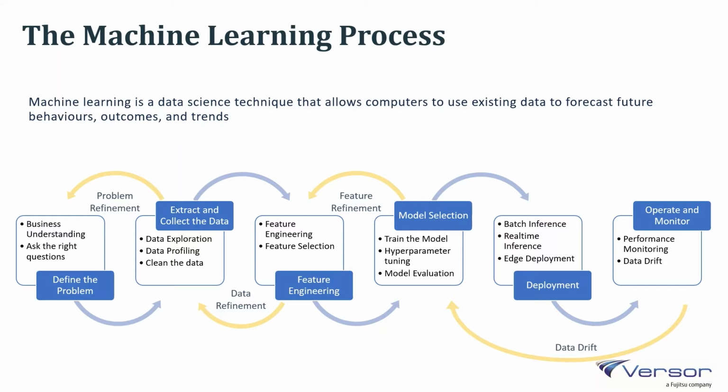It's not purely a data science technique. You have to involve the business in these decisions because they're the subject matter experts. And they'll be able to tell you whether or not there's a correlation between what problem you're trying to solve and the feature you're trying to engineer.